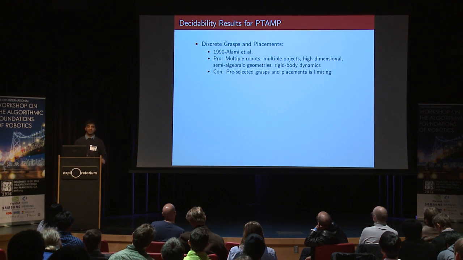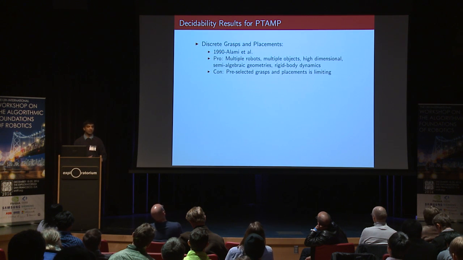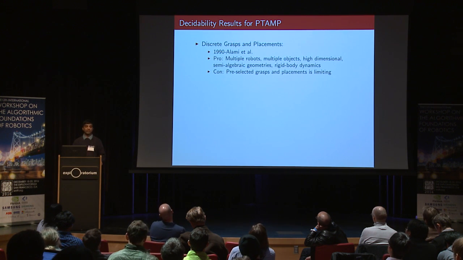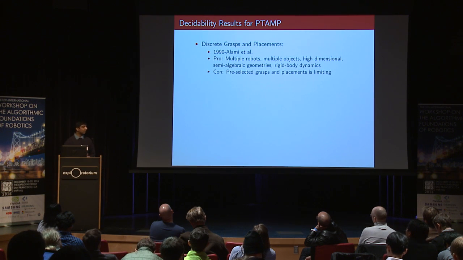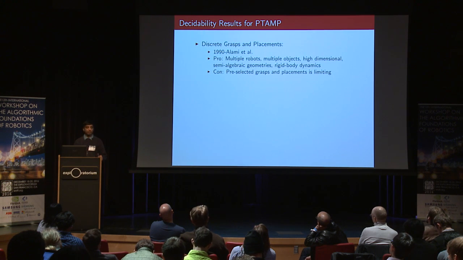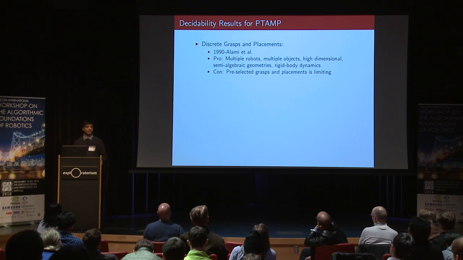So what are some of the decidability results we have for this problem? Well, there's generally two camps of results. The first is when we assume that we have discrete grasps and placements, and we can get some very strong results for this. We can show that the problem is decidable with multiple robots, multiple objects, high-dimensional spaces, and complex geometries and dynamics.